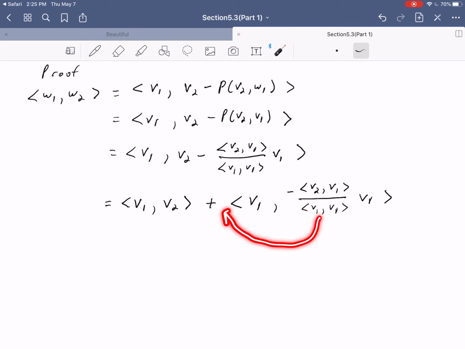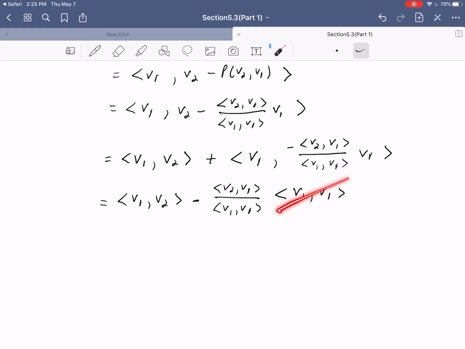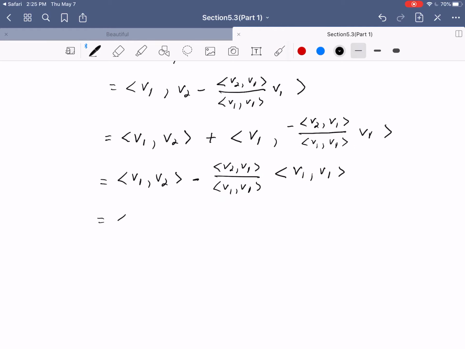One of the properties of inner products is that we can pull that out. So this is now inner product V1 V2, I guess it'll become a subtraction, minus V2 V1 inner product over V1 V1 inner product, and what remains in here is just V1 with V1. Now notice the inner product V1 V1 in the numerator and denominator are just the same scalar, so they cancel out. So we get V1 with V2 minus V2 with V1.